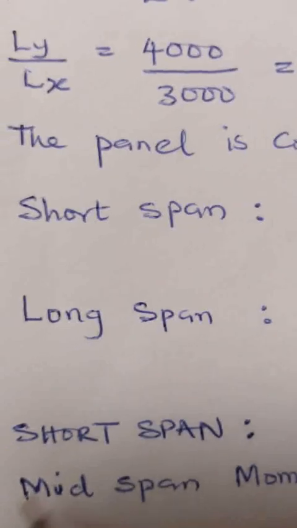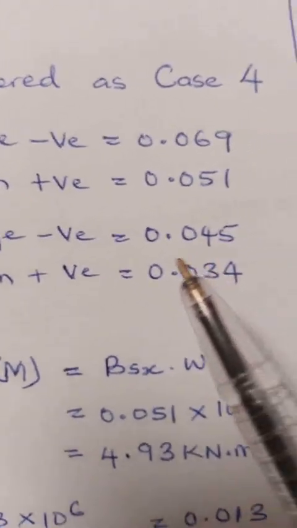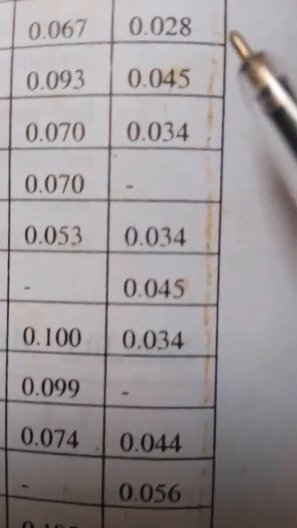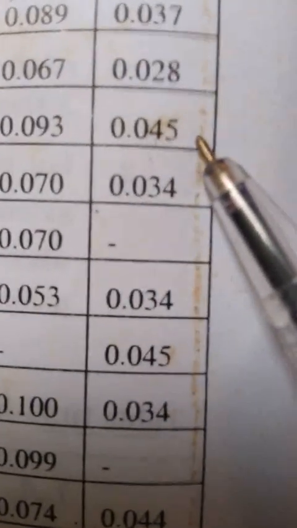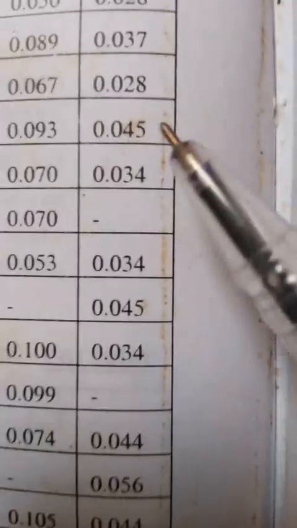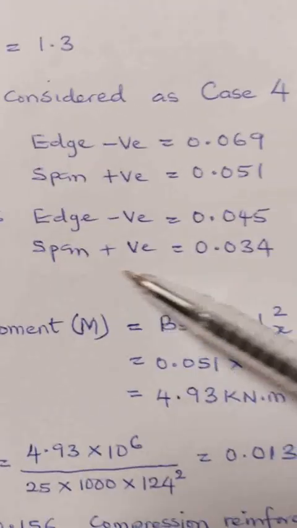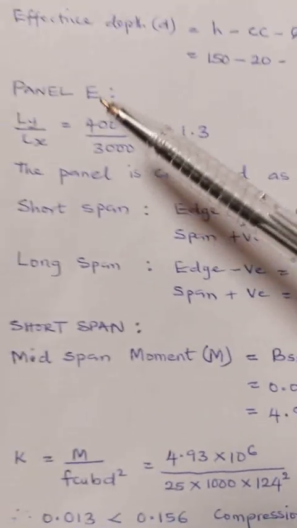You can also confirm it here: long span edge negative 0.045, which is what we have here. Then you have the positive 0.034. Once you have highlighted these, this is what you need to design panel E.